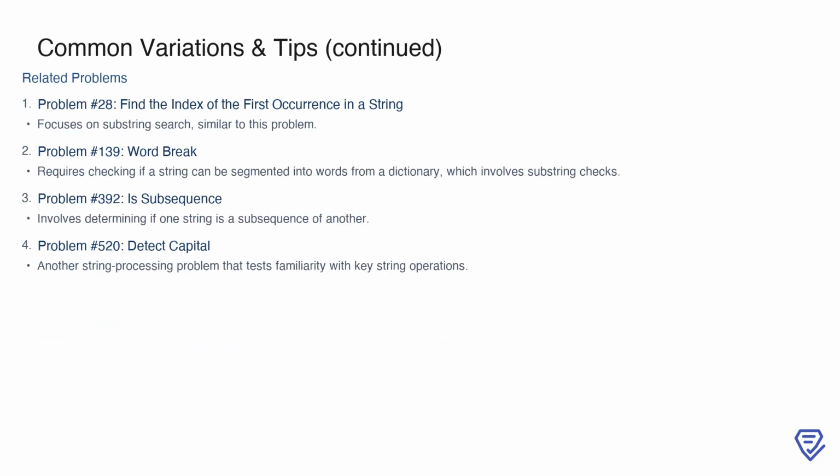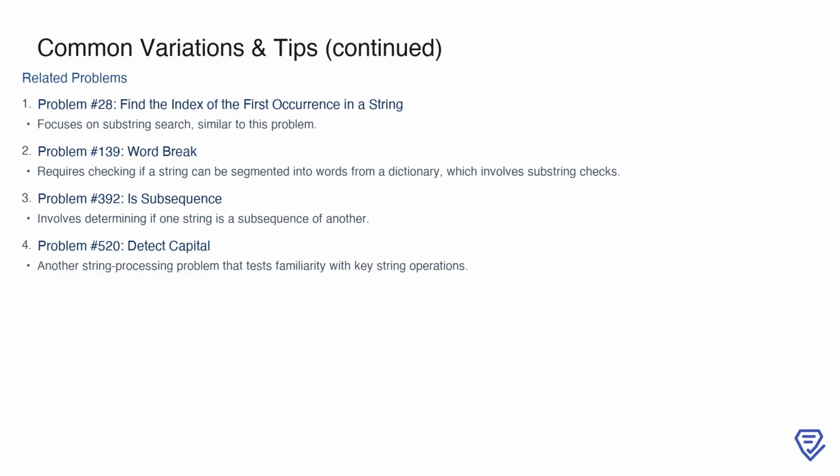There are also several related problems on LeetCode that build on similar concepts. For example, problem 28, find the index of the first occurrence in a string, also focuses on substring searches, making it a great practice problem. Another is problem 139, word break, which involves checking if a string can be split into valid words from a dictionary. This problem takes substring checks to the next level by requiring additional logic for segmentation.